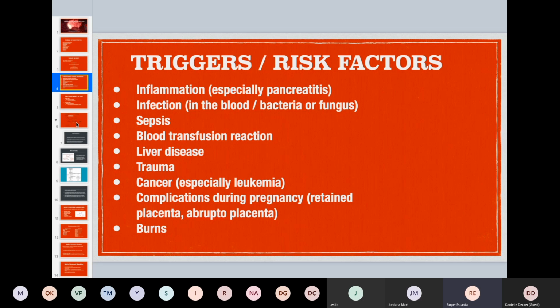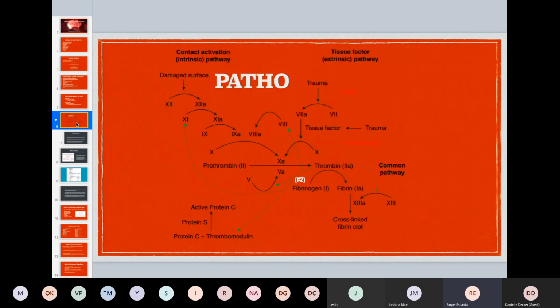So you have two problems here in DIC. The first phase is the clotting. So as you saw from the presentation, the patient presents first with a lot of clotting. And if you look at slide number 6, they showed the pathophysiology here. This is the clotting cascade. So the common trigger here are again those risk factors mentioned, which lead to the release of tissue factor.